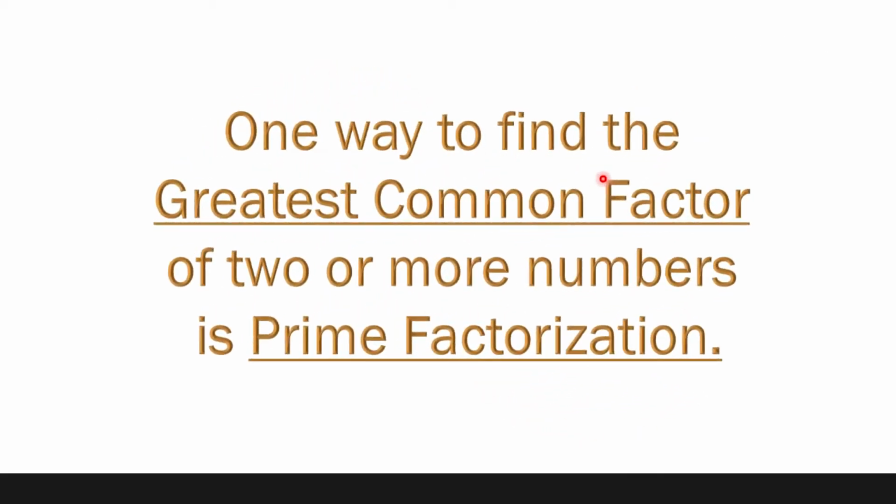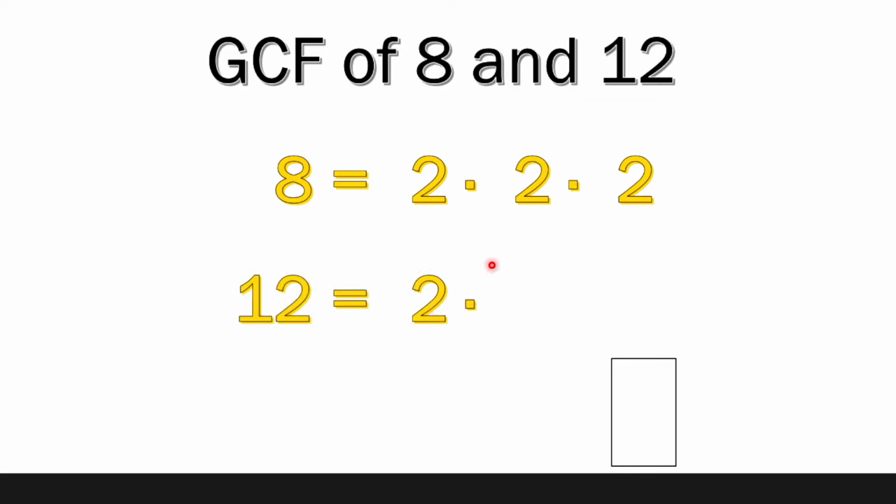So one way to find the greatest common factor of 2 or more numbers is prime factorization. So let's say for example, find the GCF of 8 and 12. So for 8, we have 2 times 2 times 2. In 12, we have 2 times 2 times 3.